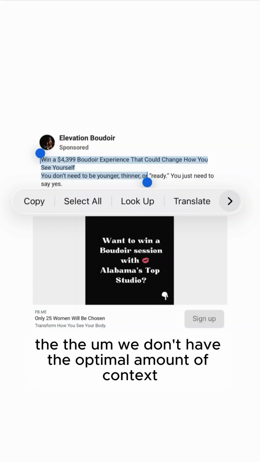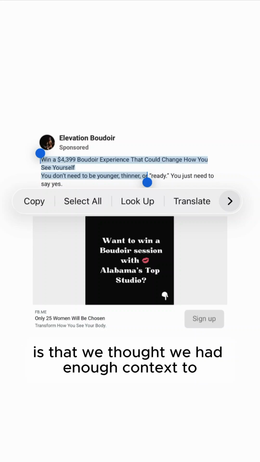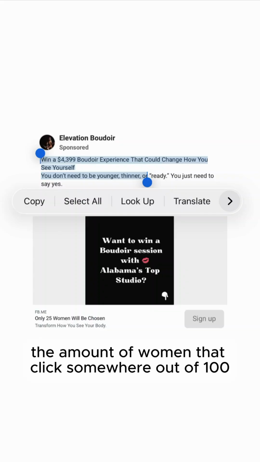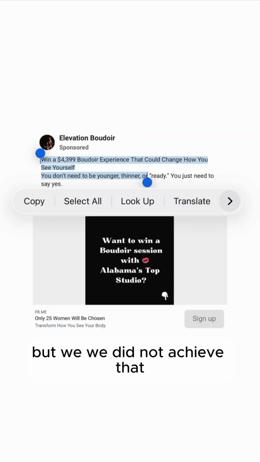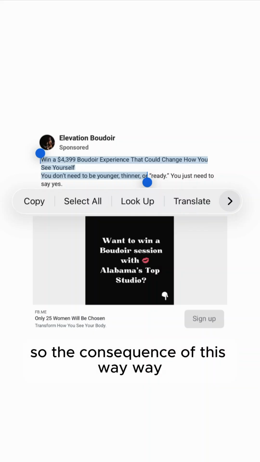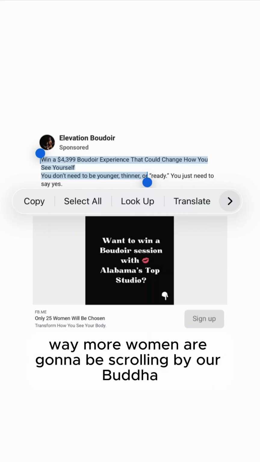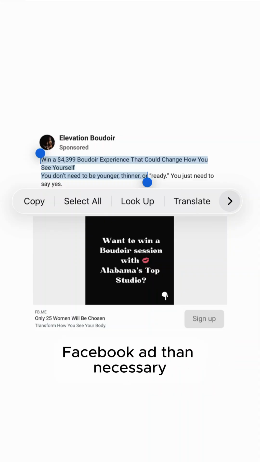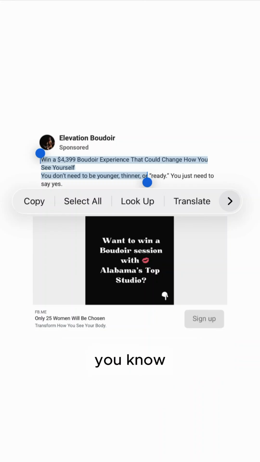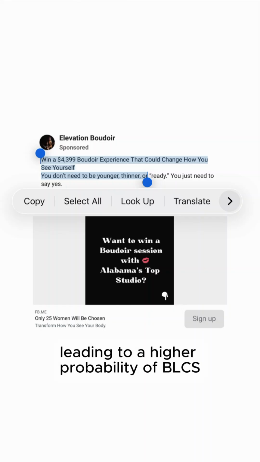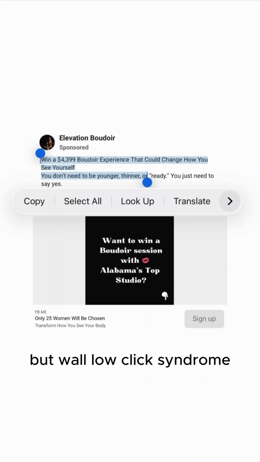We don't have the optimum amount of context, and the false belief causing us to make this mistake is that we thought we had enough context to optimize the amount of women that click somewhere on our ad out of 100, to be as efficient as possible, but we did not achieve that. So the consequence of this, way more women are going to be scrolling by our boudoir Facebook ad than necessary, pulling our unique CTR under 6% and leading to a higher probability of BLCS, boudoir low click syndrome.